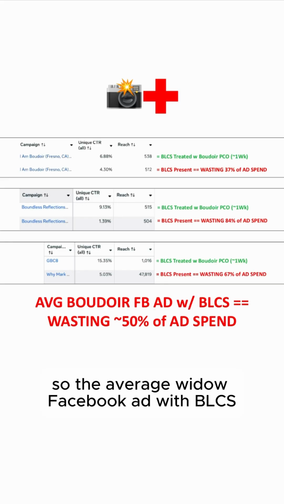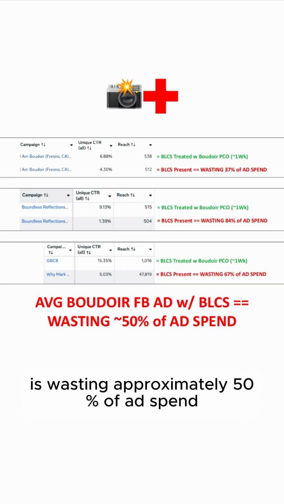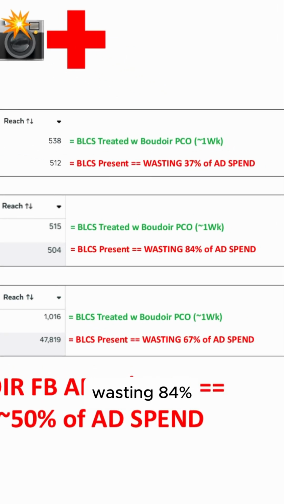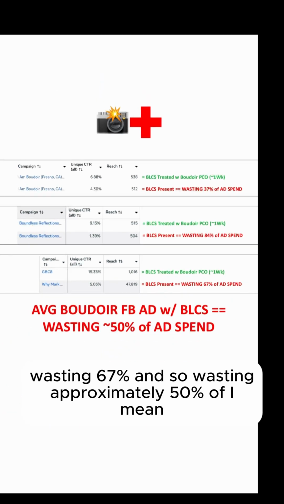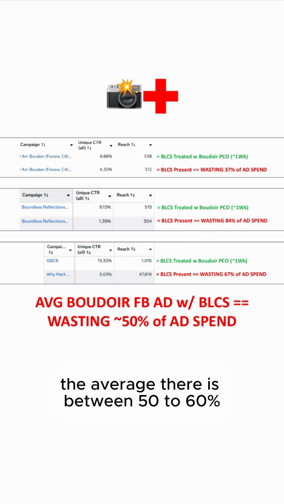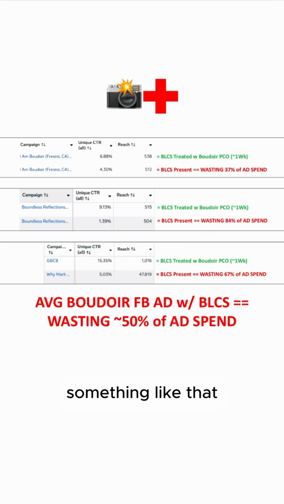So the average Boudoir Facebook ad with BLCS is wasting approximately 50% of ad spend. I mean, look at these numbers: wasting 37%, wasting 84%, wasting 67%. The average is between 50 and 60%, something like that.